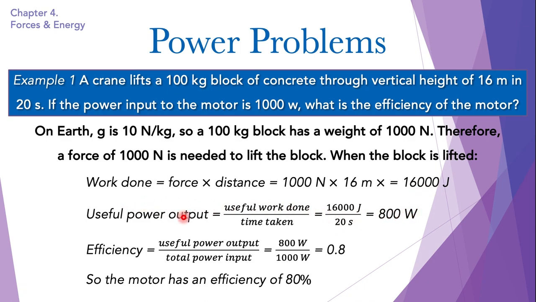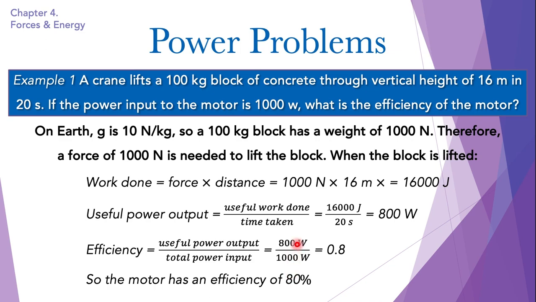So here comes the power output equation. And we had the work done equation. We also had the weight equation involved in this question. And lastly, we have the efficiency. So to find the efficiency, we divide useful power output by total power input, which means divide 800 watts by 1000 watts, because the power input to the motor is 1000 watts.